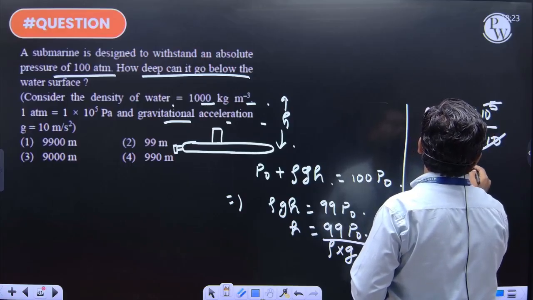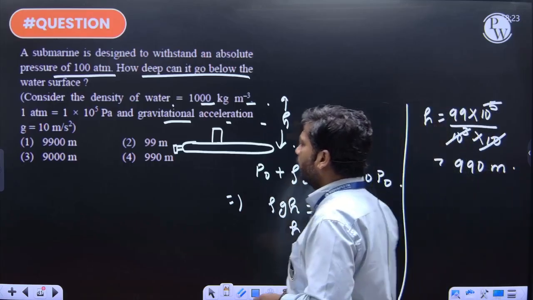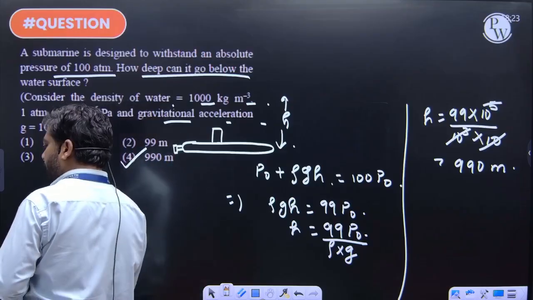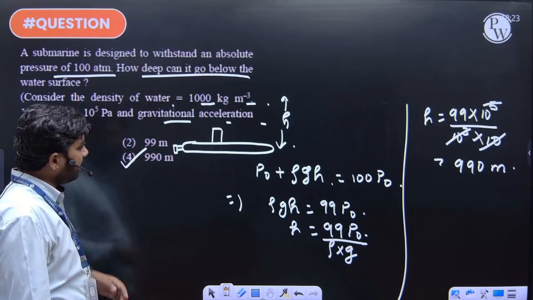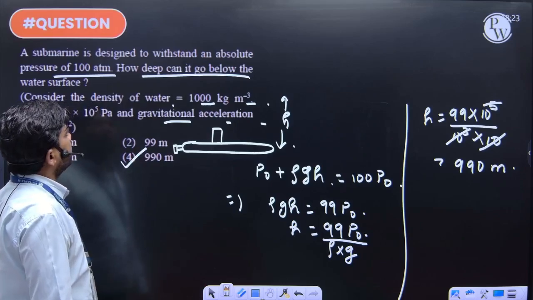So 990 meter. That's how deep it can go. Very easy. Let's move to next.